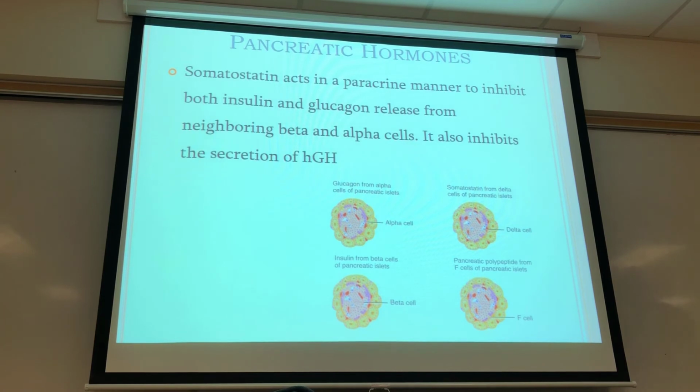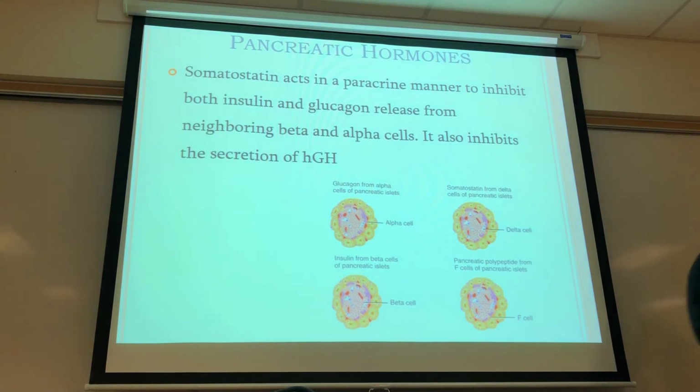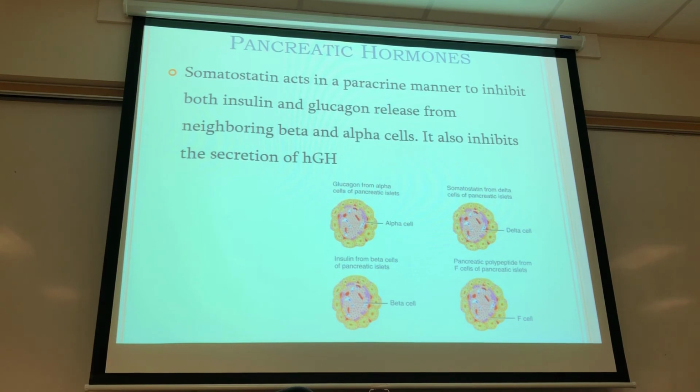What somatostatin also does is inhibit insulin and glucagon release, therefore limiting insulin. If we've got enough blood sugar as is, let's limit it from releasing insulin into our circulatory system.